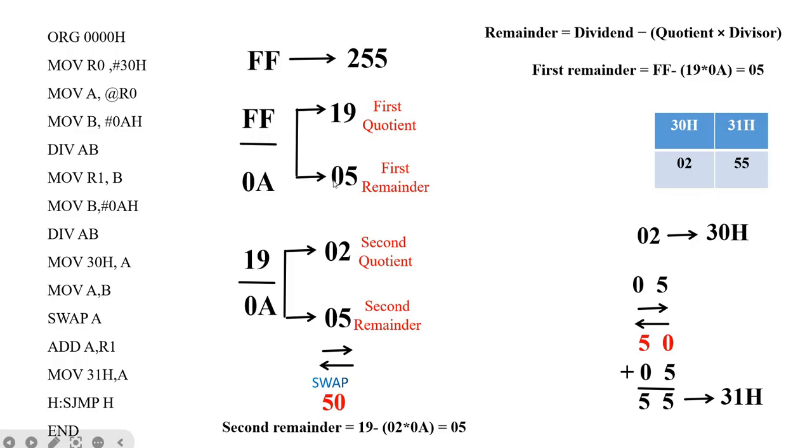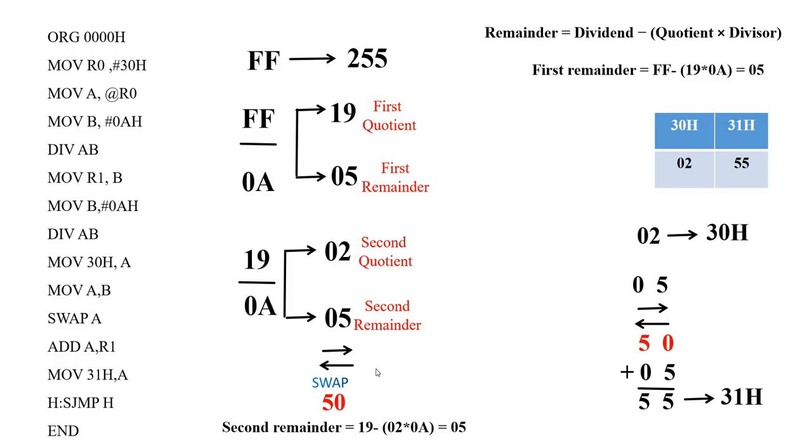Now to this 50, the first remainder should be added, which is stored temporarily in register R1. So we'll use ADD A, R1. When you perform this, you will get the result in the accumulator, that is 55.